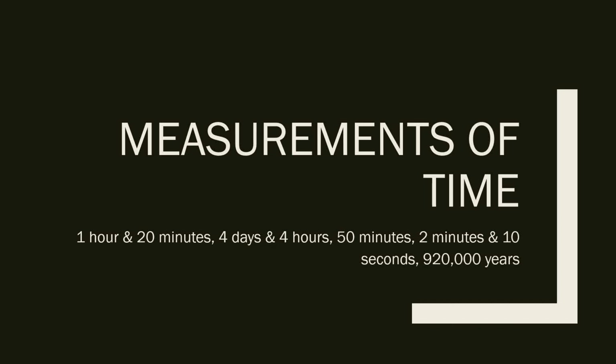So all these numeric relationships still hold true for measurements of time, but you may need to do some conversion to figure out what the value means. 4 days and 4 hours. That's a long time, but it's hard to convert that 4 hours into a decimal point for most people. So what are you going to keep track of? Keep track of hours, then multiply 4 days times 24 hours, and then do the math.